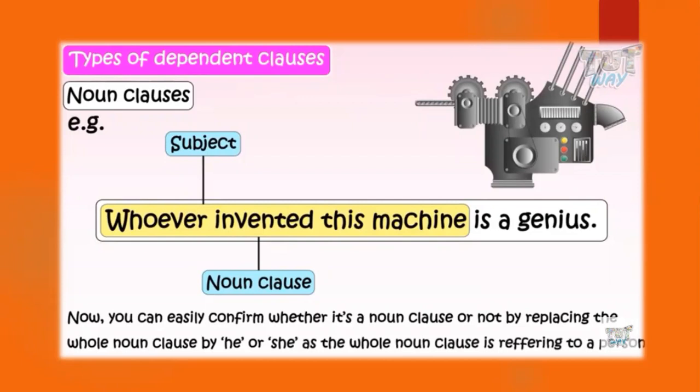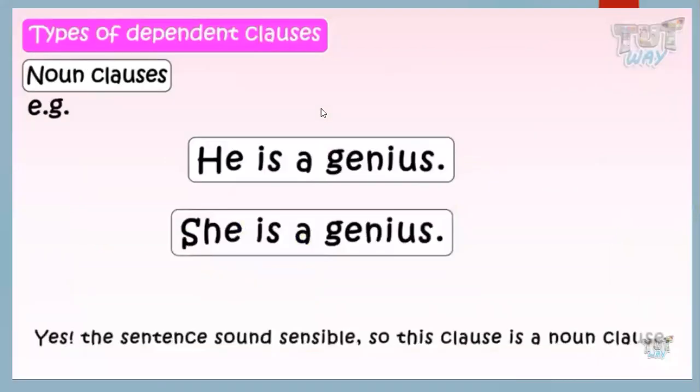Now you can easily confirm whether it is a noun clause or not by replacing the whole noun clause by he or she, as the whole noun clause is referring to a person. Yes? So he is a genius, she is a genius. Yes, the sentence sounds sensible. So this clause is a noun clause.